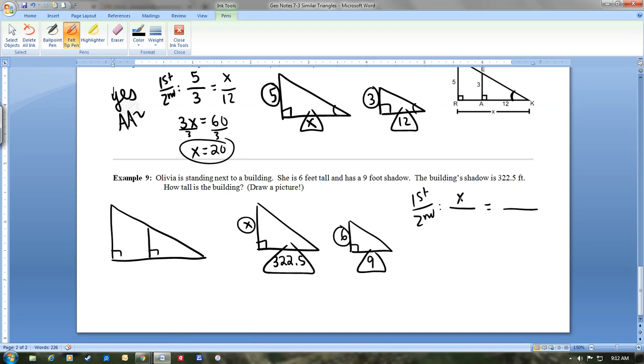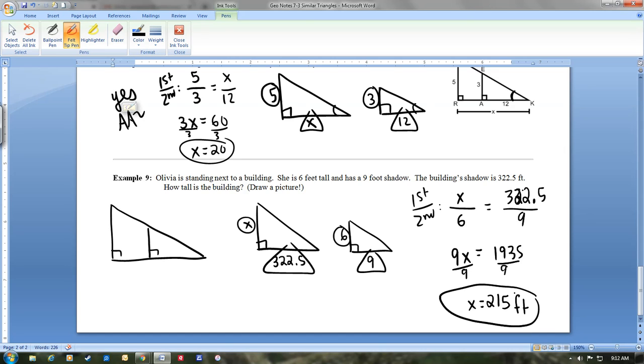And so we have x over 6 equals 322.5 over 9. Cross multiply, 9x equals 6 times 322.5 is 1935. Divide both sides by 9. So we get 215. And let's just make sure we've answered the question, how tall is the building? X, so that would be feet. So you do have to use labels, the units.